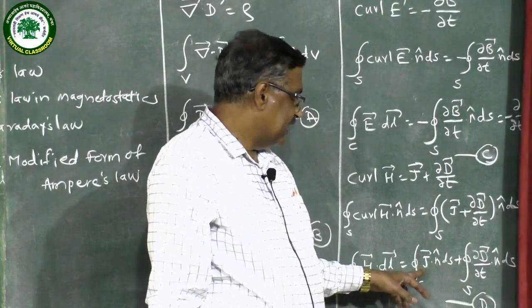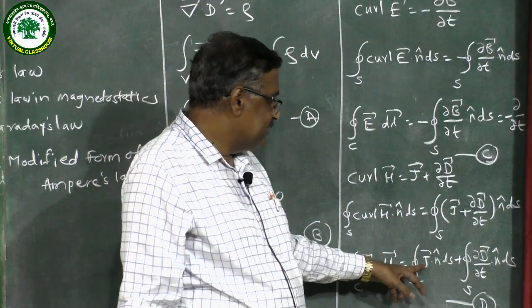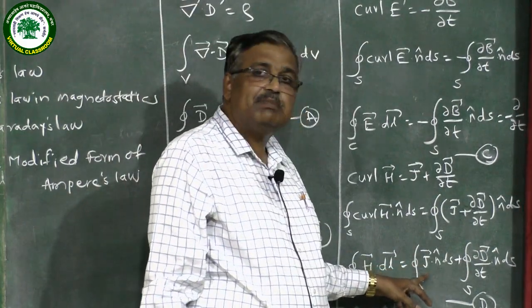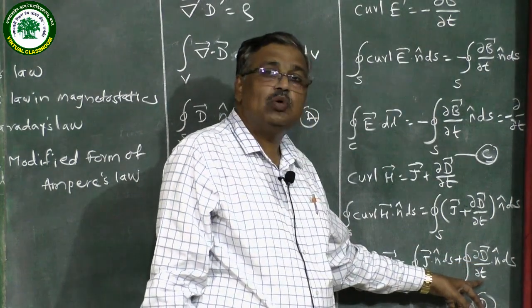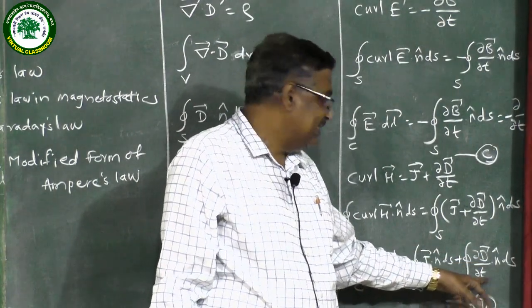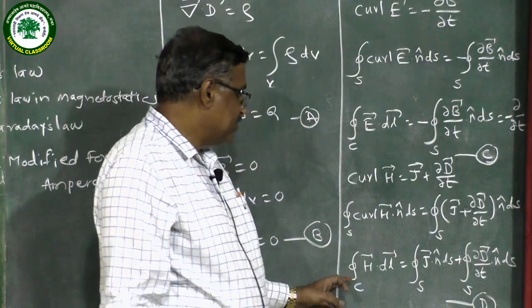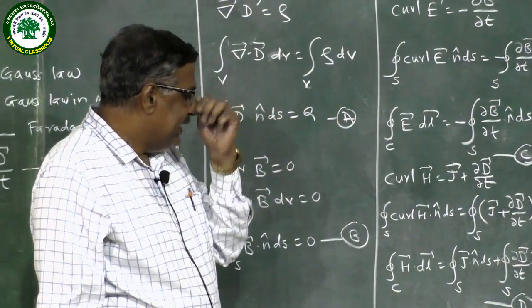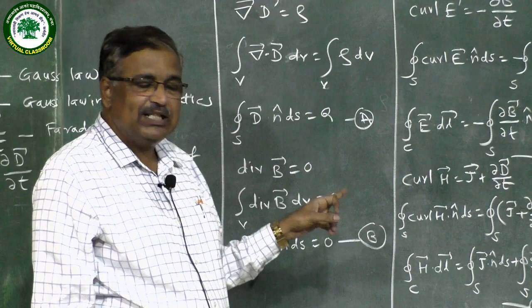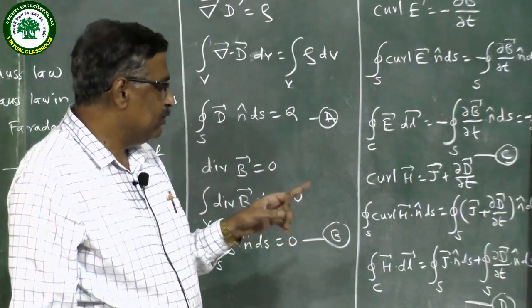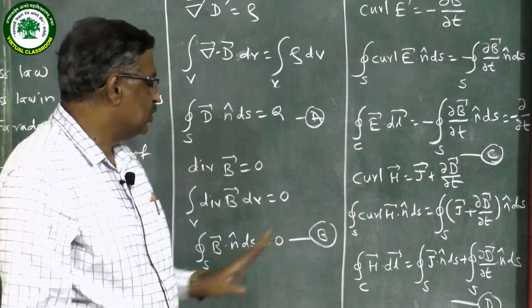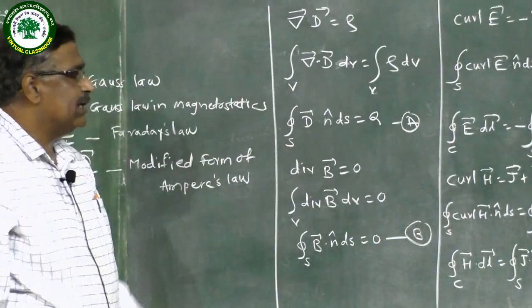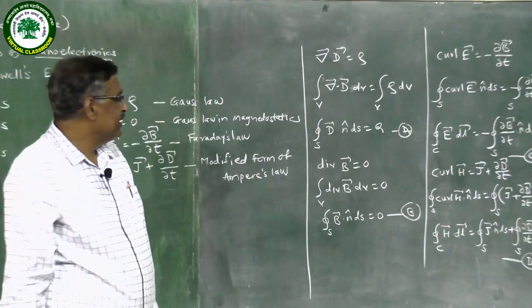Current is I, and I is due to J, which we know is referred to as the true current density, while ∂D/∂t is known as the displacement current density. So the line integral of magnetomotive force passing through the closed surface is always equal to the sum of true current and displacement current. So these are the four fundamental equations which can be written in terms of their integral form.